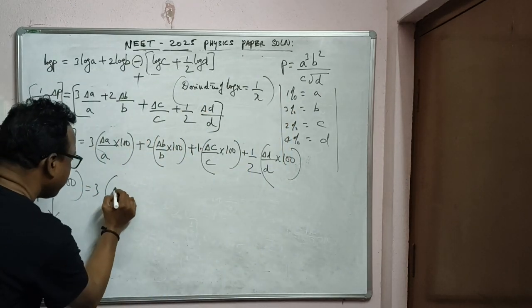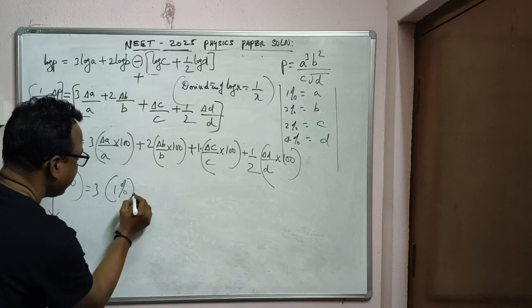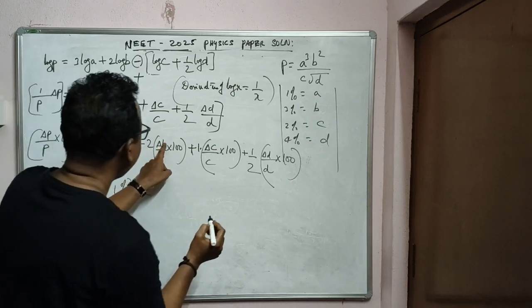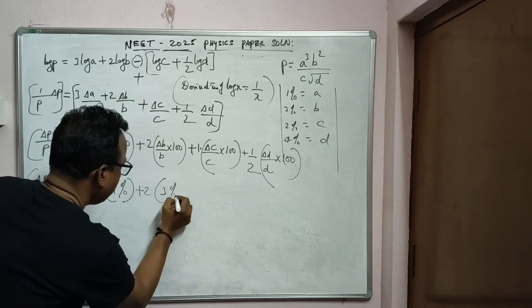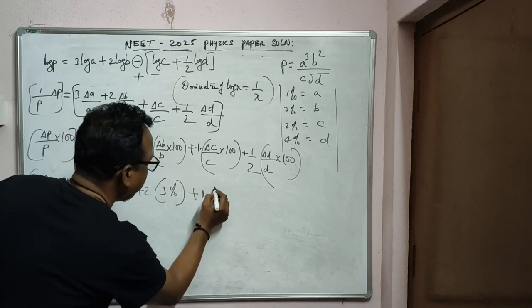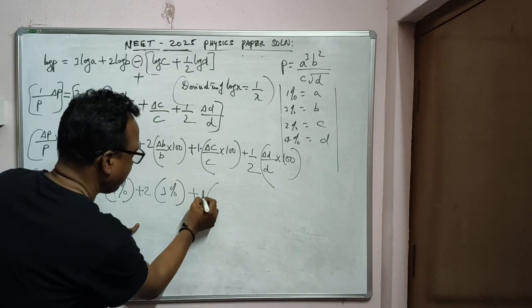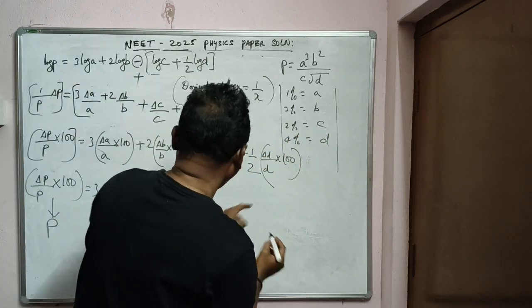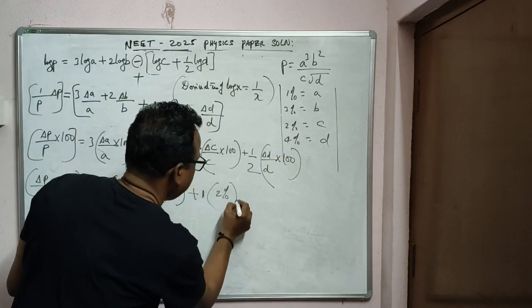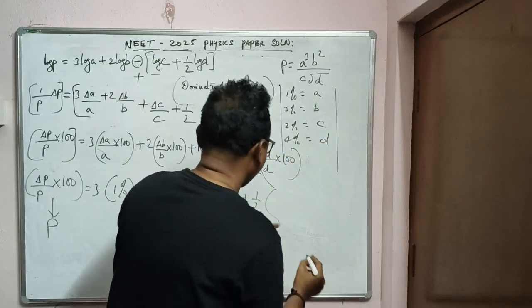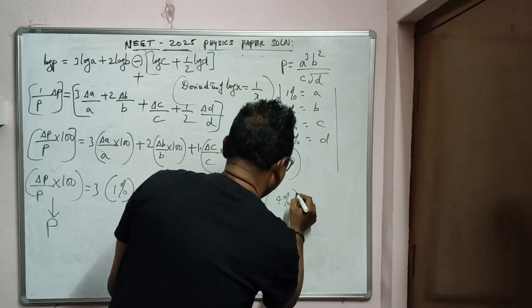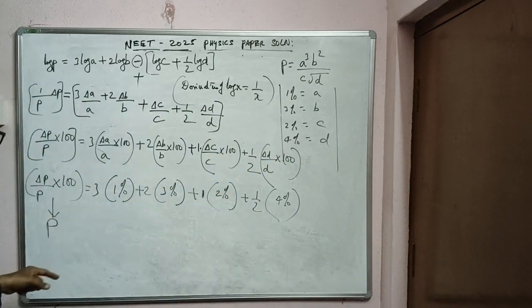That means 3 into 1% plus 2 into the percentage error in B, 3%, plus 1, since nothing is there, that's why I am putting 1, into the percentage error in C, 2%, and lastly the percentage error in D, 4%. Are you getting the point here? Now the problem is over.